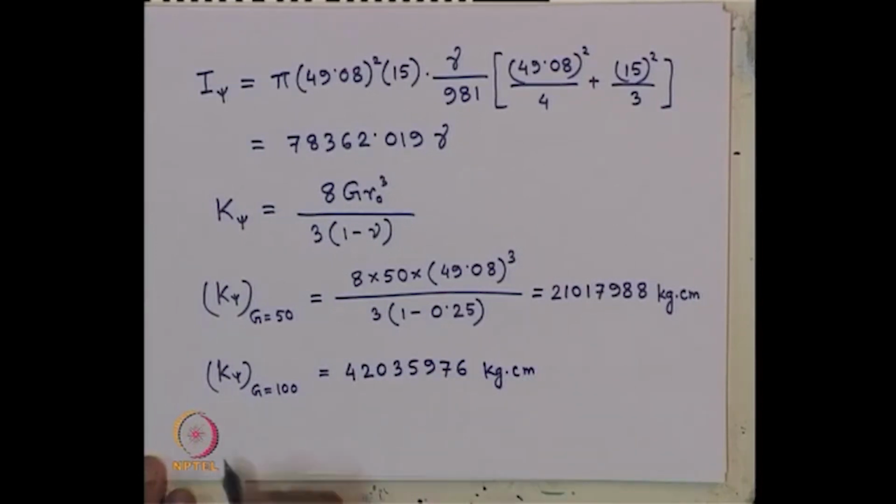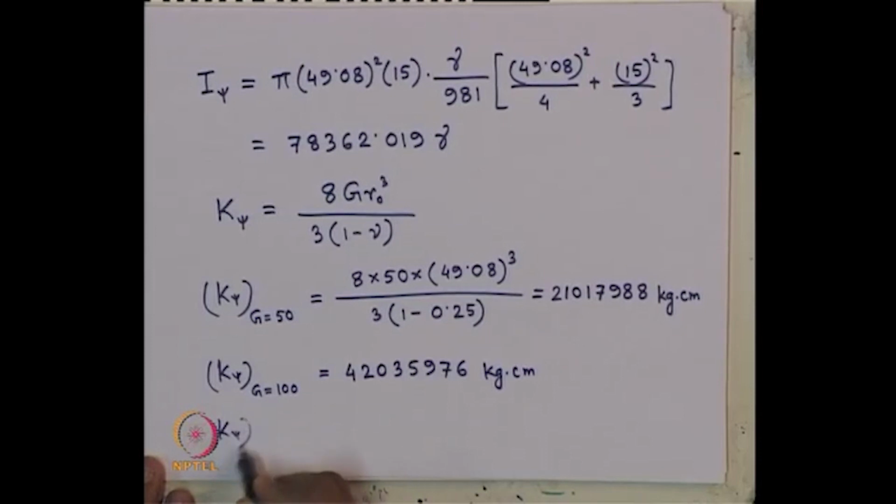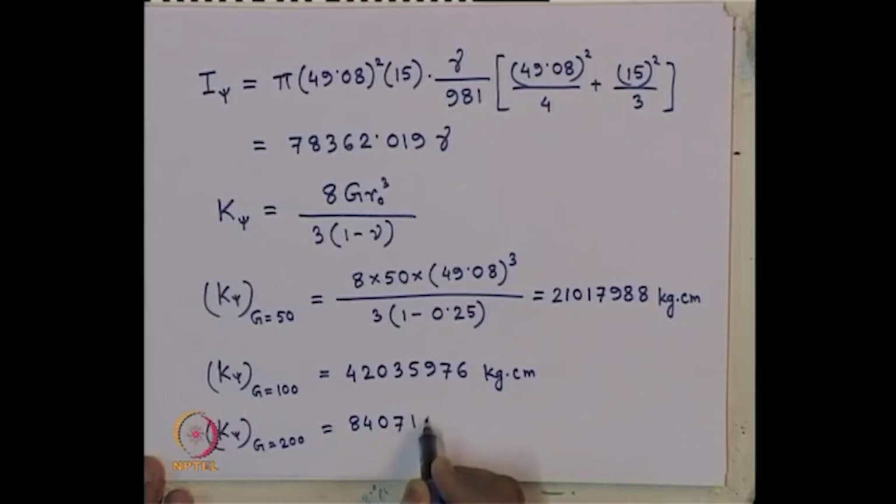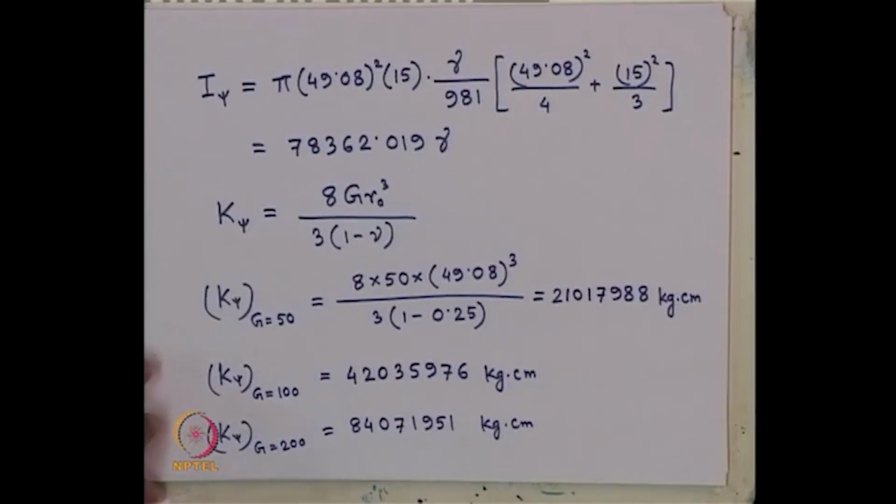Am I right? And K psi for G equals to 200 will be again double of this, 8407191 kg force centimeter. Is that okay? Now, the next step is to calculate the natural frequency of the system.